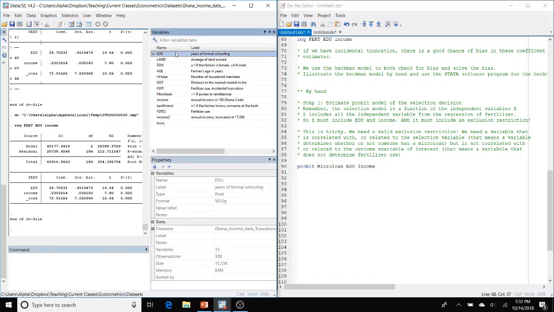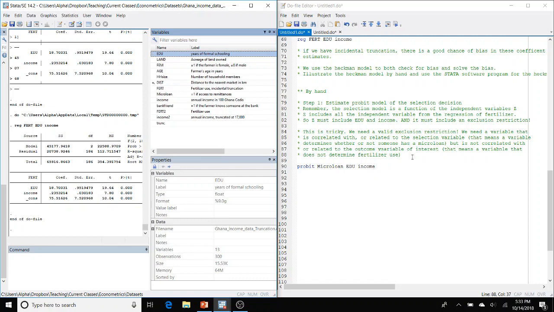When you have incidental truncation, the hardest problem that you will confront is identifying a valid exclusion restriction. So we just need to sit back and talk this through. What we need to do is go through our data set and see if we have something that we can consider a valid exclusion restriction.